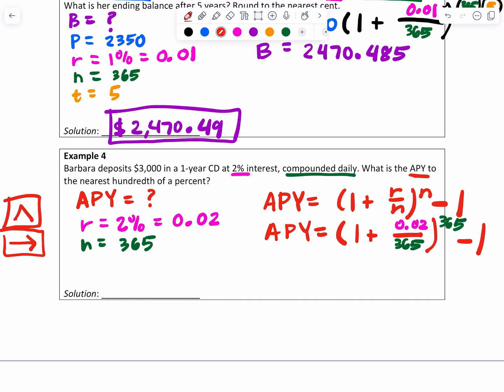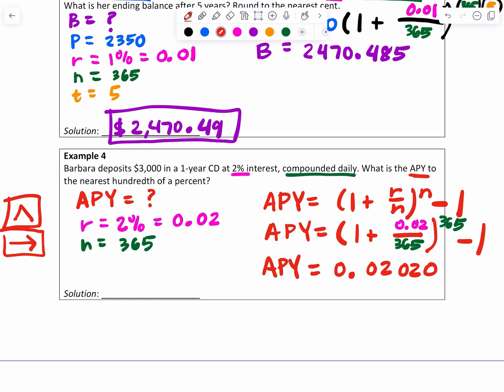Push the arrow button to get out of the exponent, then do the minus 1. When you do that, you should get 0.02020. If you do not get that number, let me come help you now.